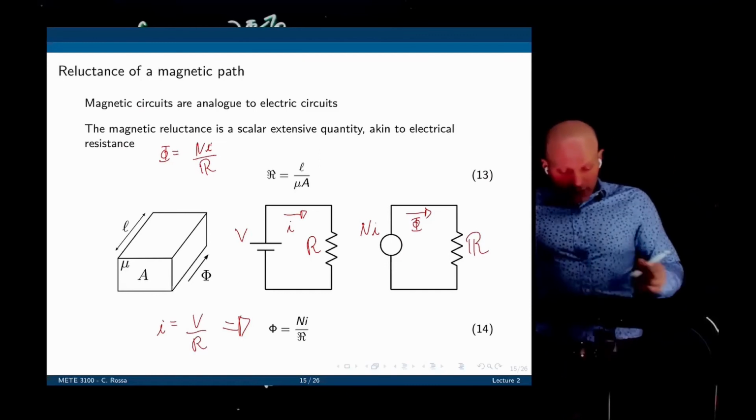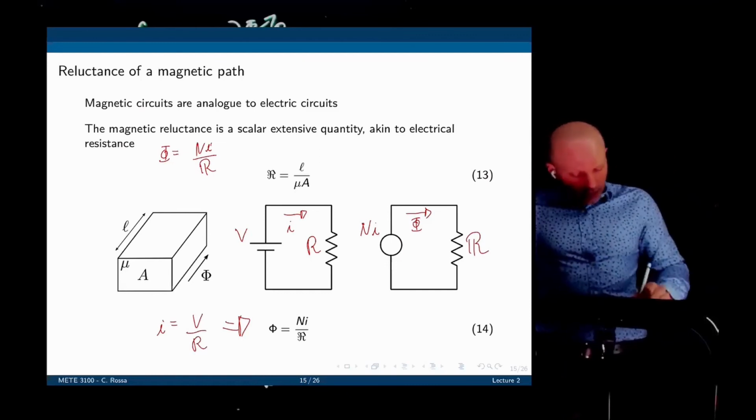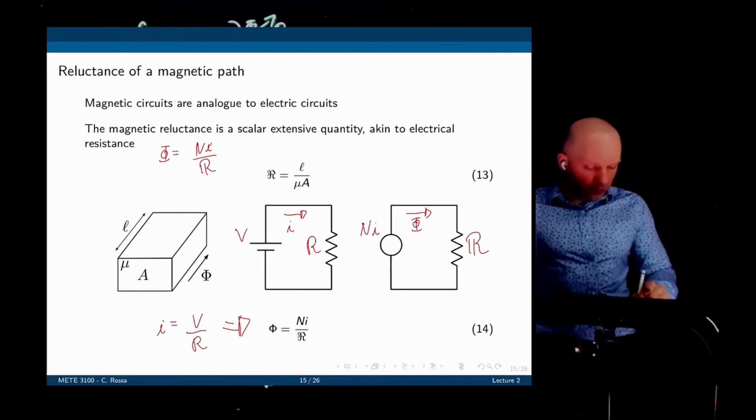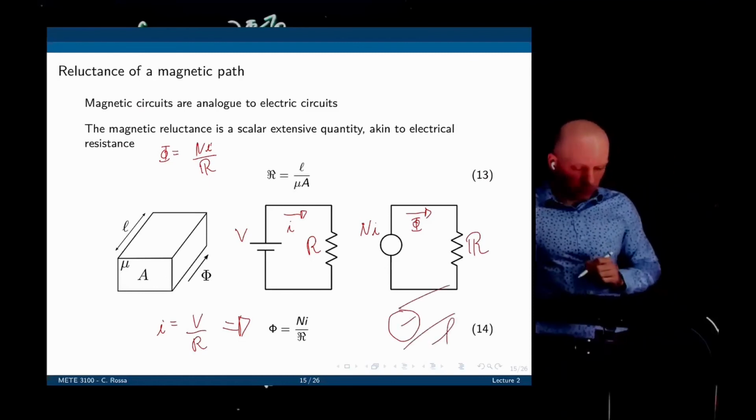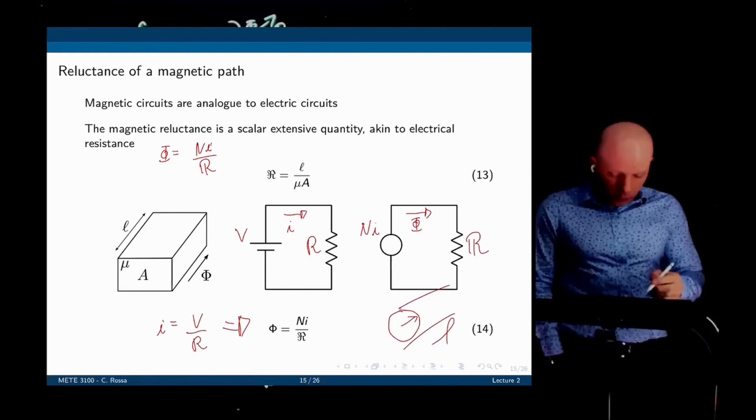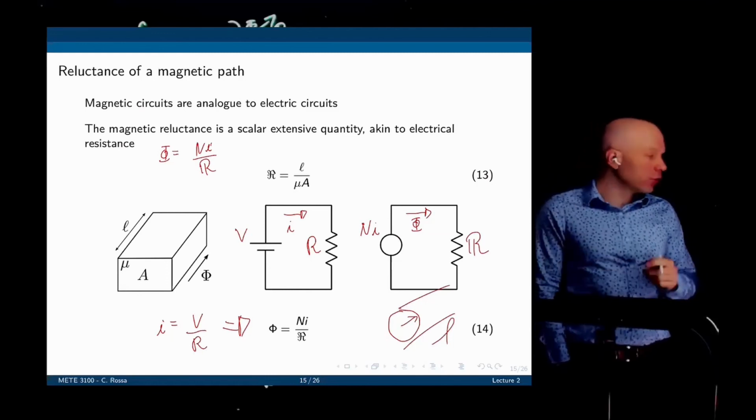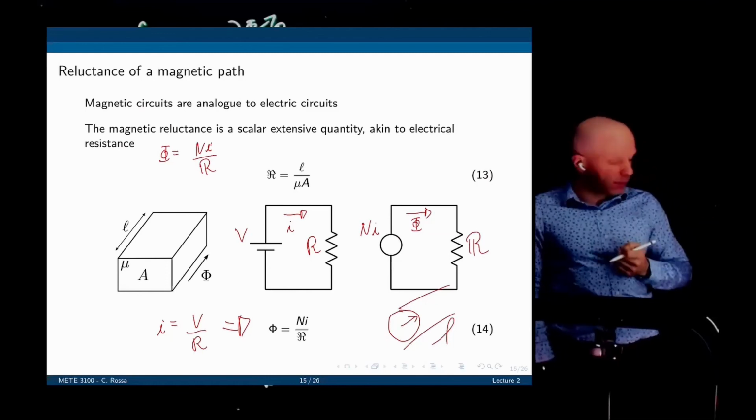The resistance would be calculated by looking at the cross-section of a wire, the length of that wire, and this area, wouldn't it? And the reluctance is the same. And of course, the permeability or conductivity of that wire.